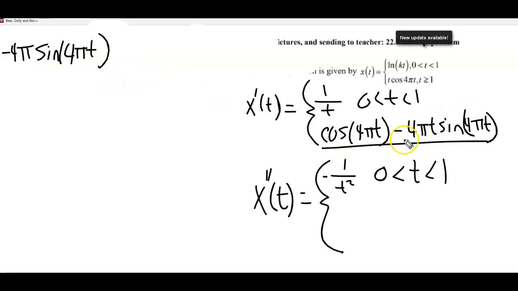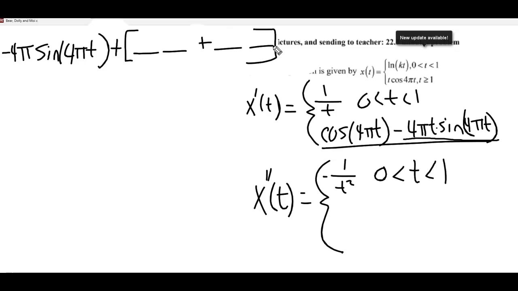But now we need to take the derivative of this next part here. And that next part is another product rule. We have 4 pi t being multiplied with sine of 4 pi t. So for that one, we're going to put that in brackets there, and we're going to go a'b plus ab'.